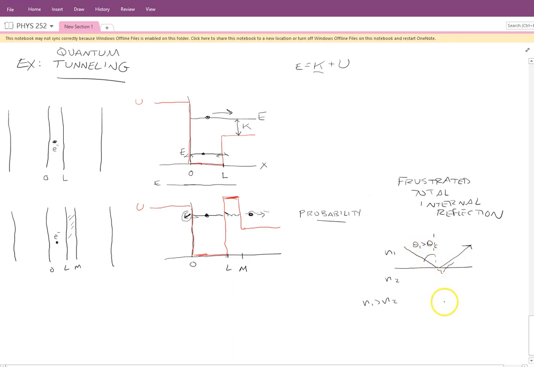However, what you can do is add a layer right here that's thin enough.